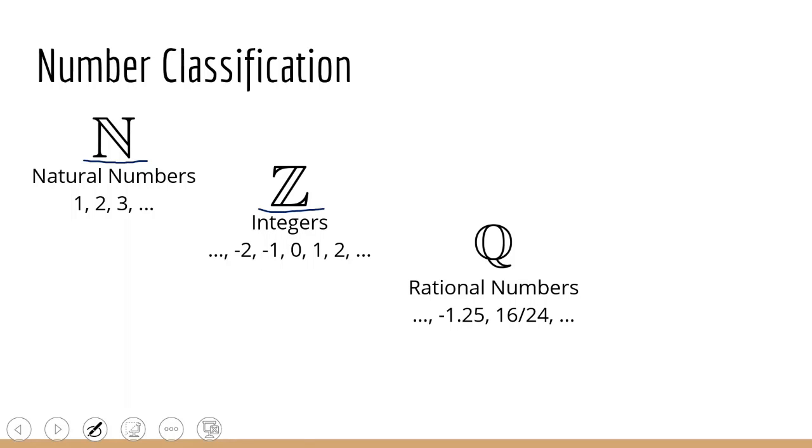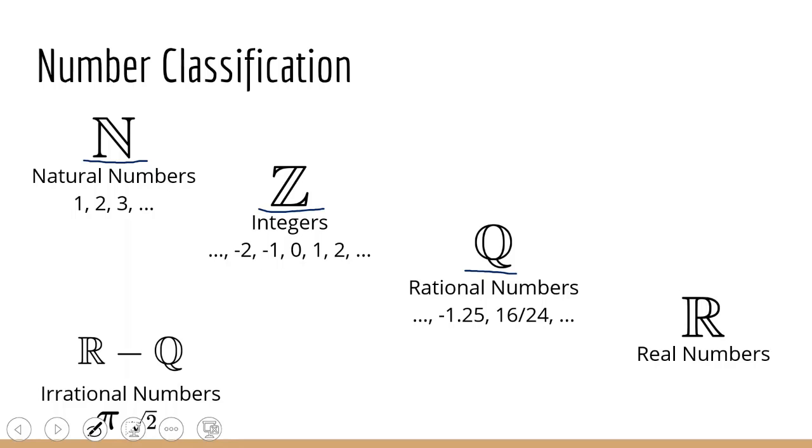We also have rational numbers. This is denoted with a Q, and these are numbers that can be expressed as a fraction of two integers. For instance, we can have minus 1.25 or 16/24. These are both examples, and all of these belong to the set of real numbers.